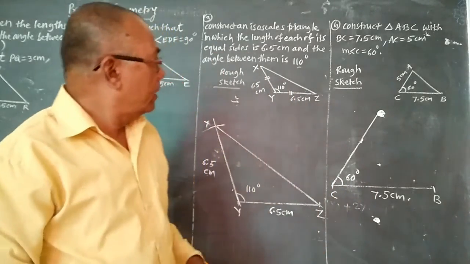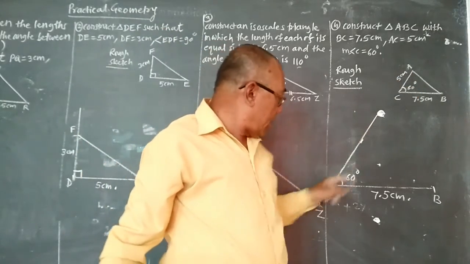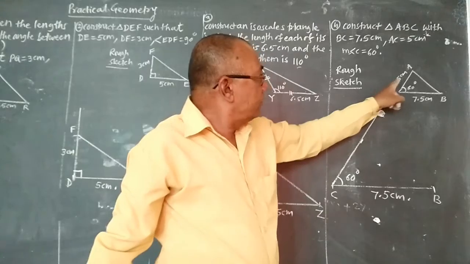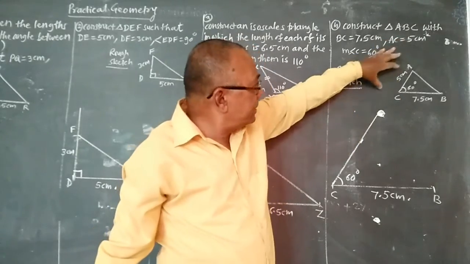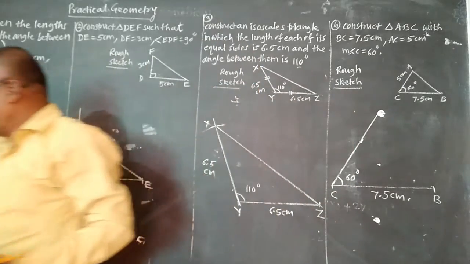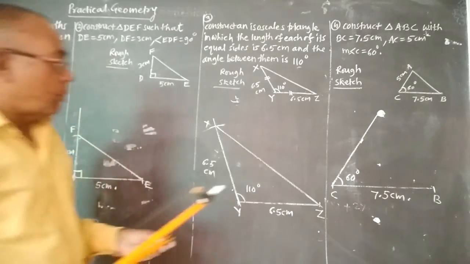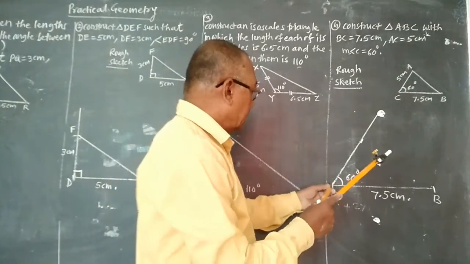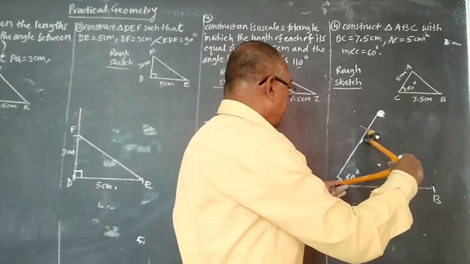And now we have to take point A on this line, which is 5 centimeter away from C, that is AC is equal to 5 centimeter. So take 5 centimeter in a compass, and put the metallic point on C and draw the arc on this line.